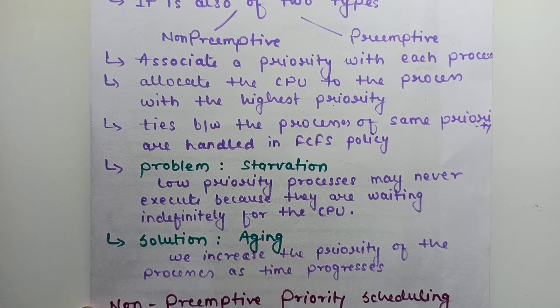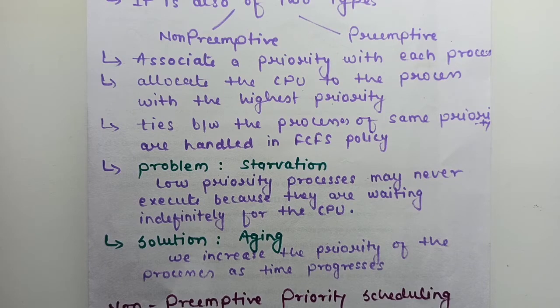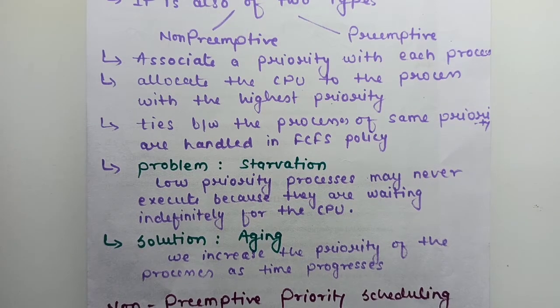So as the age increases and time passes, the longer that particular process waits in the computer system, the more its age increases. And as the age increases, we give priority to those senior citizens, right? So that is the aging policy. Okay, so let's do some examples on non-preemptive and preemptive priority scheduling.